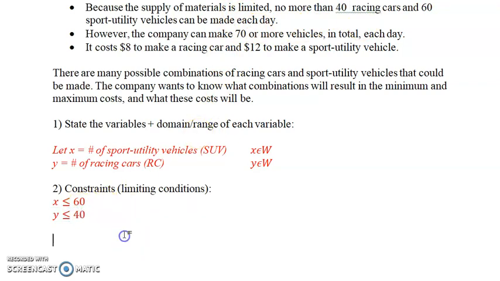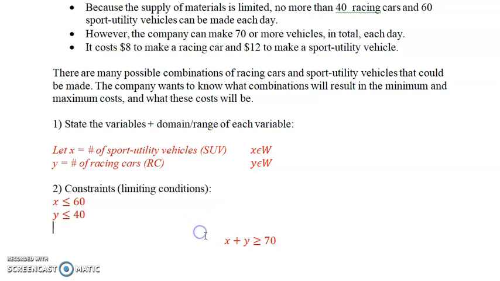The third constraint is, however, the company can make 70 more vehicles in each day, so they can make at least 70 vehicles. So that's going to be X plus Y is greater than or equal to, because it's at least 70, 70.